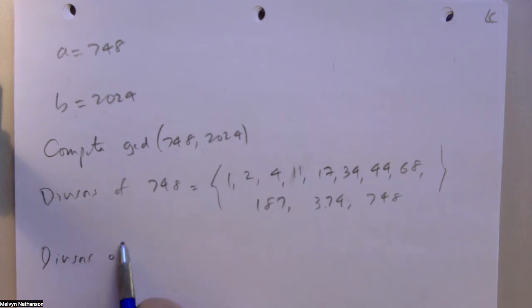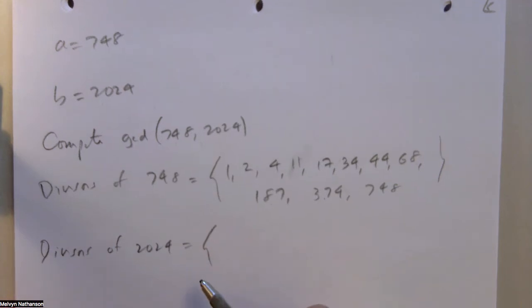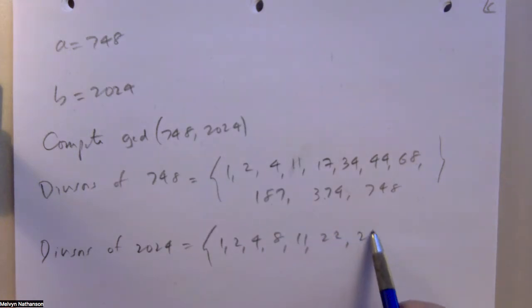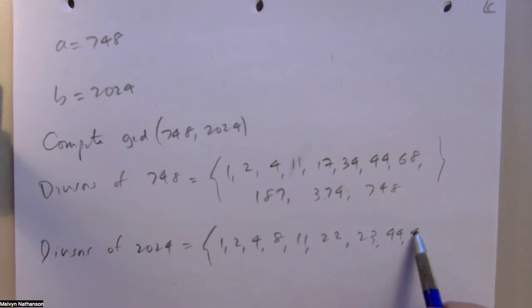What about the divisors of 2024? Well, you start to check and see 1, 2, not 3 or 5, 4, 8, 11, 22, 23, wow, 44, 46, 88, 92, 184.